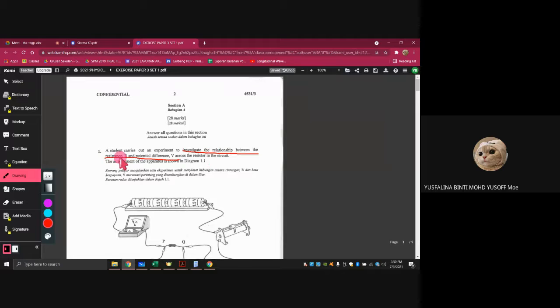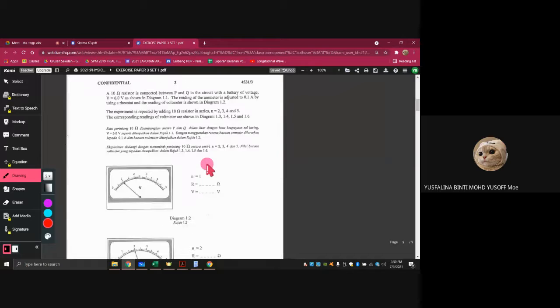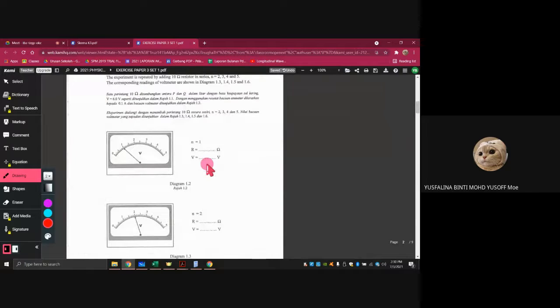One of these two, resistance or potential difference, is the manipulated variable. But if you are not sure which is the manipulated and which is the responding, you go back to your graph and diagram here.